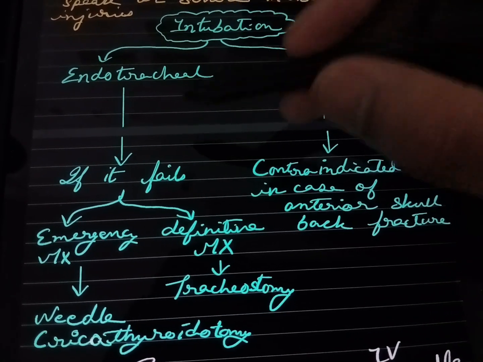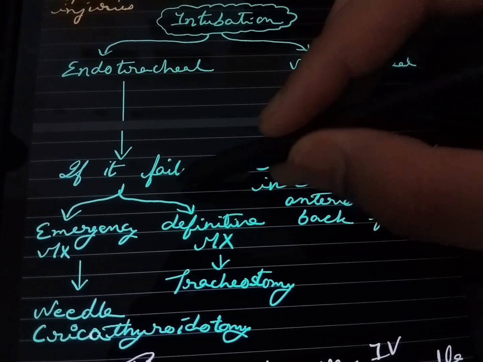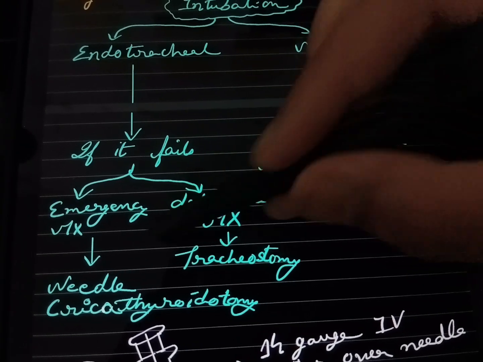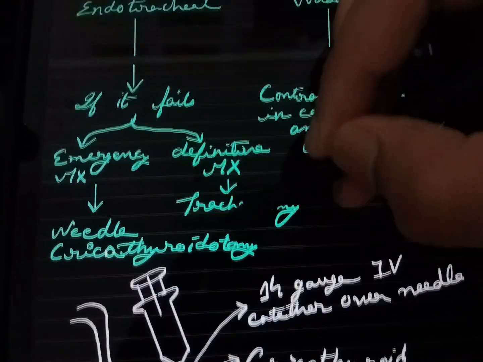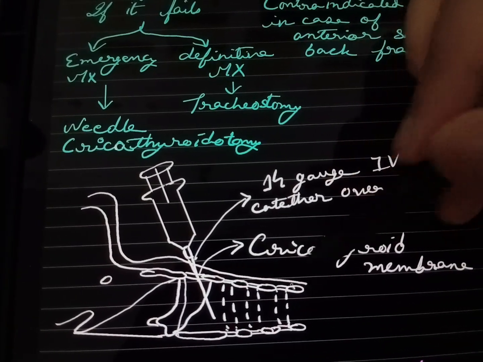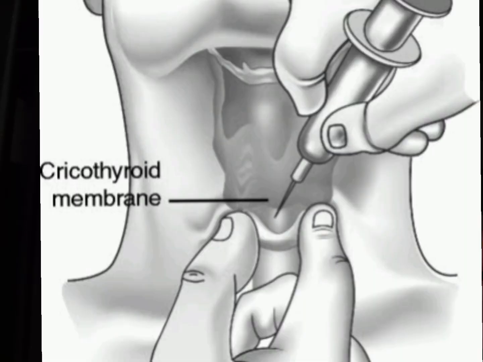If endotracheal intubation fails, then we have to perform emergency or definitive management. In emergency management, the procedure is needle cricothyroidotomy. Here, in the cricothyroid membrane, a 14 gauge IV catheter over needle is inserted.